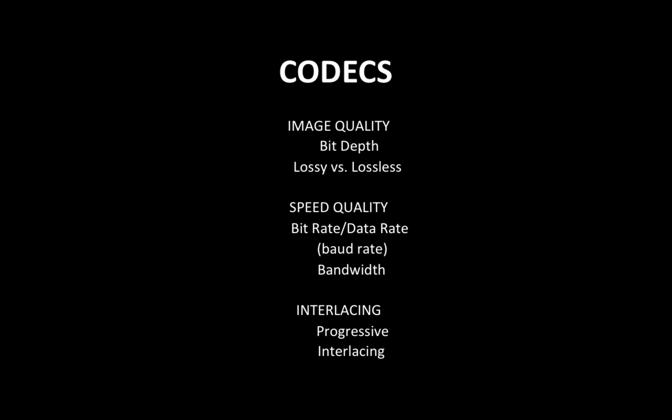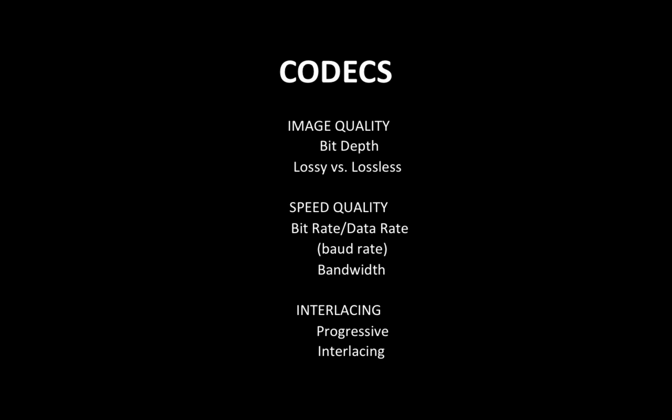So codecs, what are they and why do we need them? Codec, first of all, stands for compression, decompression, and it has to do with how we crunch the numbers down when we create a movie, but also how we open up that file again and can see what we're looking at.